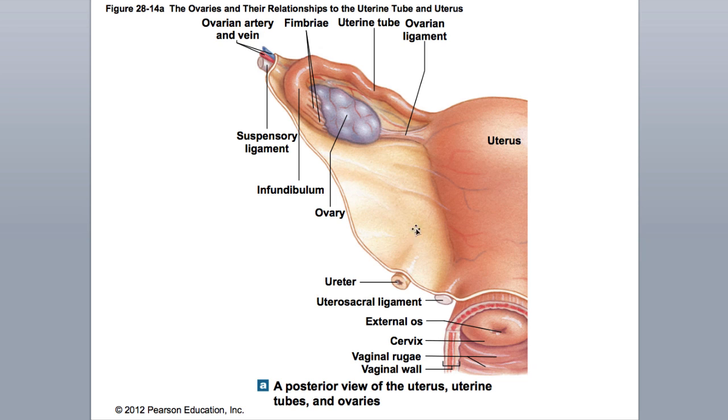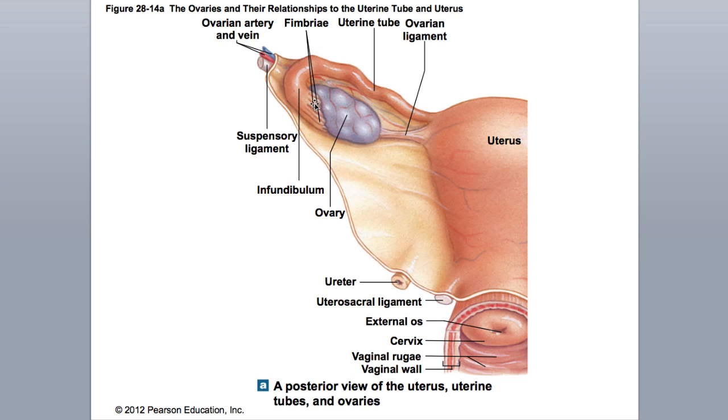You see this big area here, also a ligament called the broad ligament. Here's an ovarian ligament holding the ovary in place. And then you see the fallopian tube or the uterine tube, ending with finger-like projections called the fimbriae. Again, you see suspensory ligaments holding all this in place.